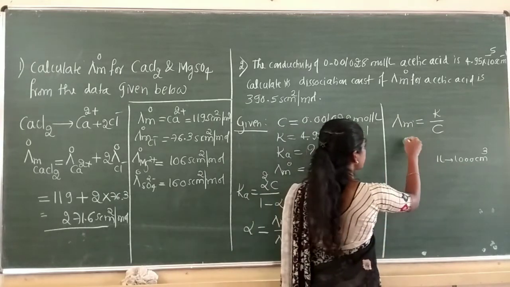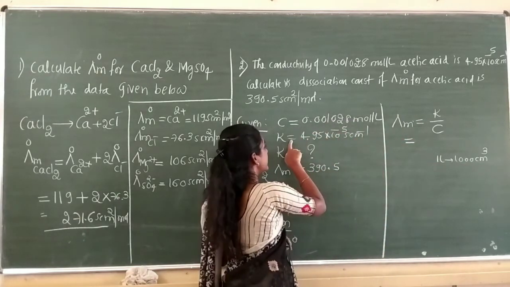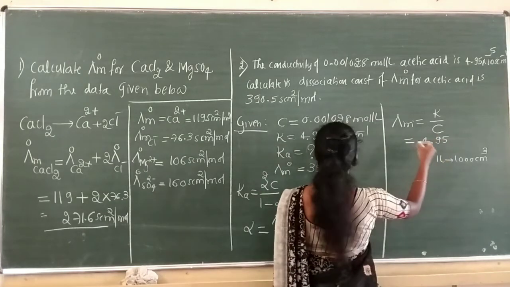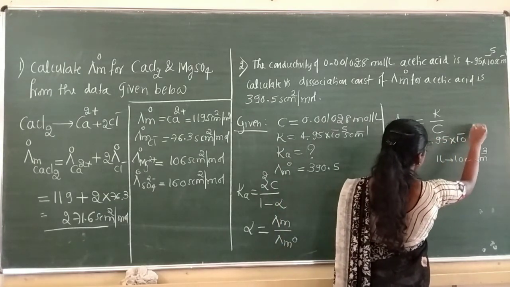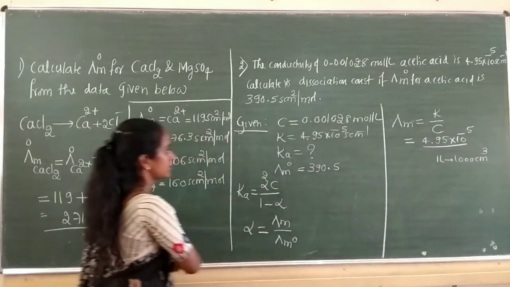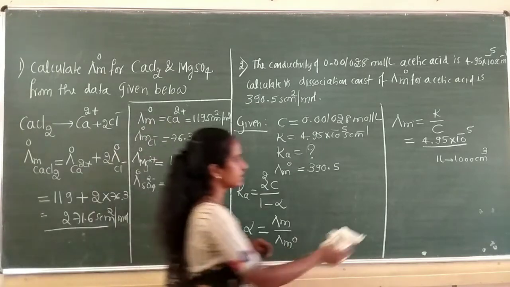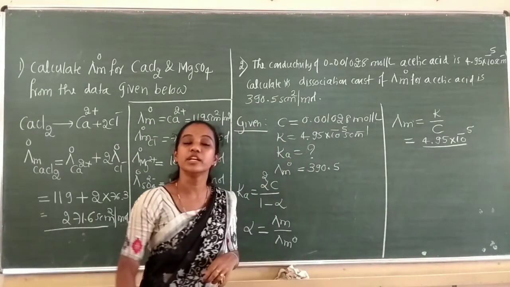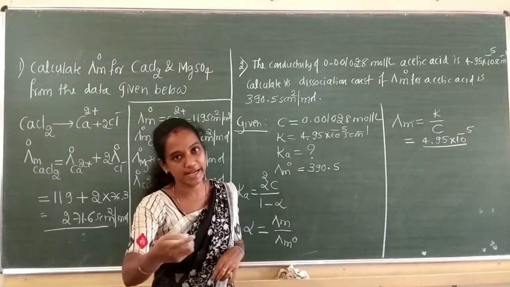So let us substitute here. The conductivity is 4.95 into 10 to the power minus 5, divided by the concentration, which is in liters. Since the numerator is in centimeters, we need to convert liters to cubic centimeters.